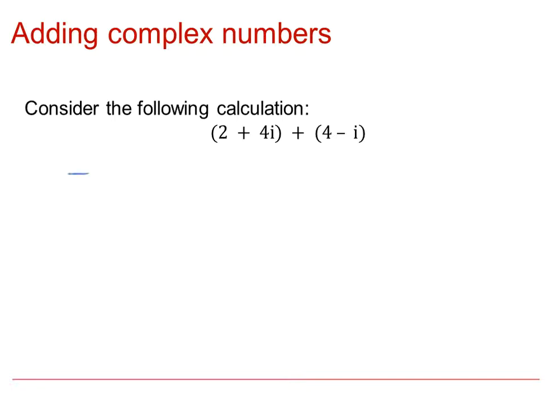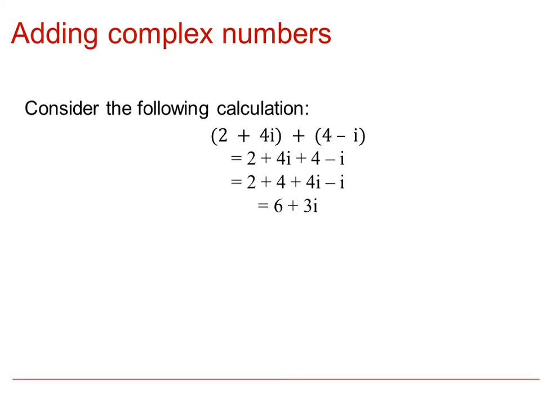In other words, we have for the real part 2 plus 4, and then we also have 4i minus i, being careful with signs for the imaginary part, which would give us 6 plus 3i as the complex sum.